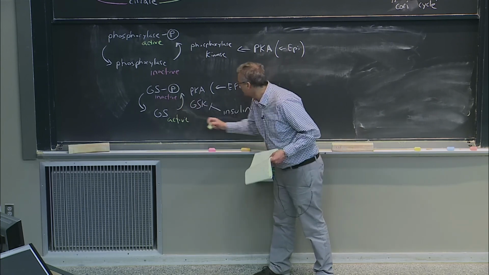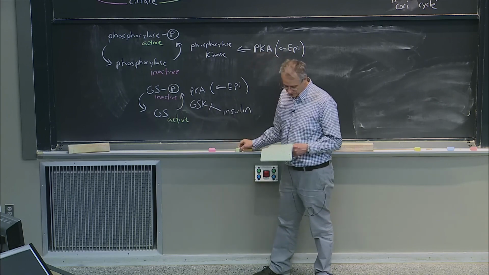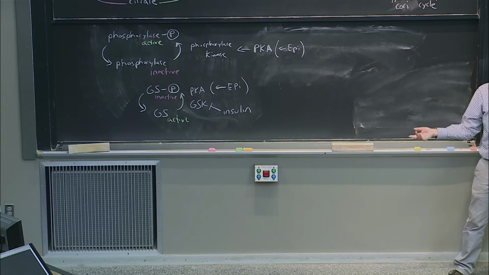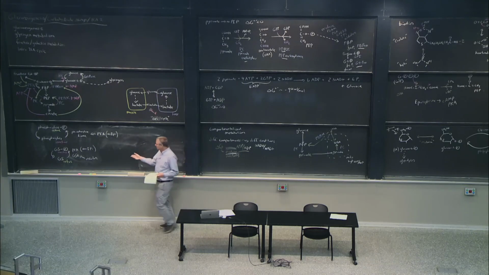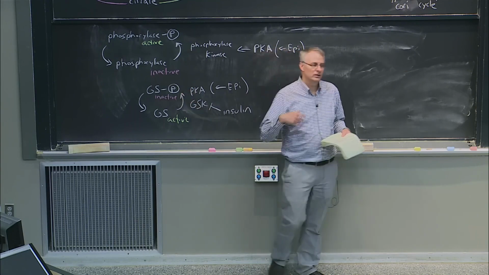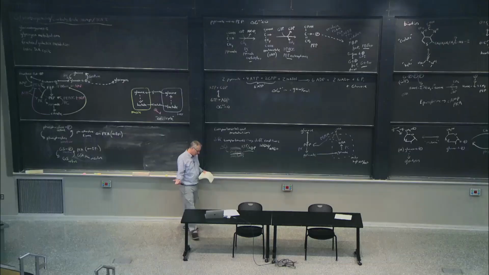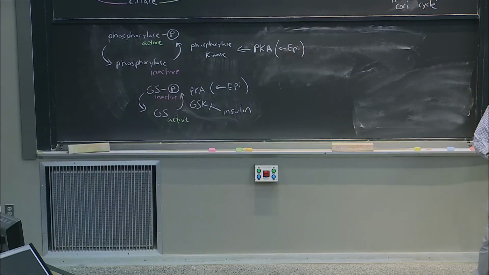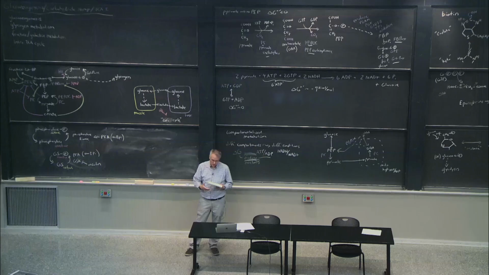So effectively, a negative of a negative, insulin, by inhibiting the ability of GSK to put glycogen synthase in the inactive state, will make glycogen synthase active, and when you have high insulin around, that activates glycogen synthesis, and you store glucose monomers as glycogen, get them out of the blood. Okay.